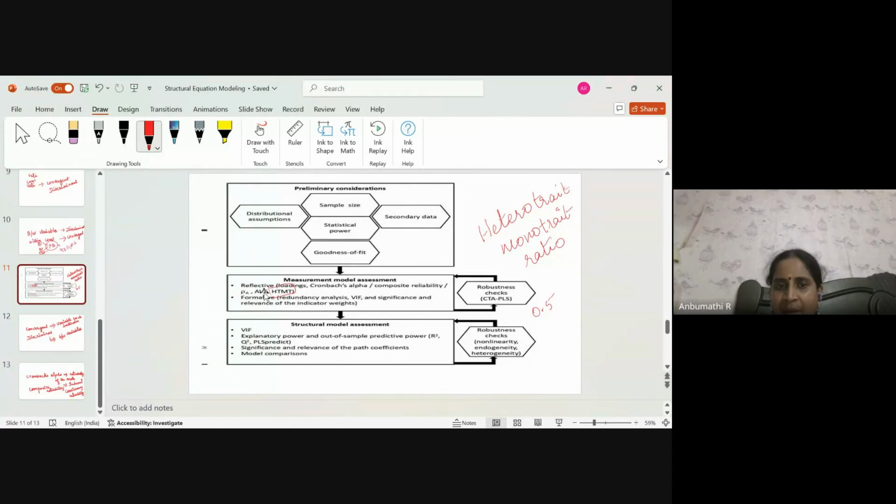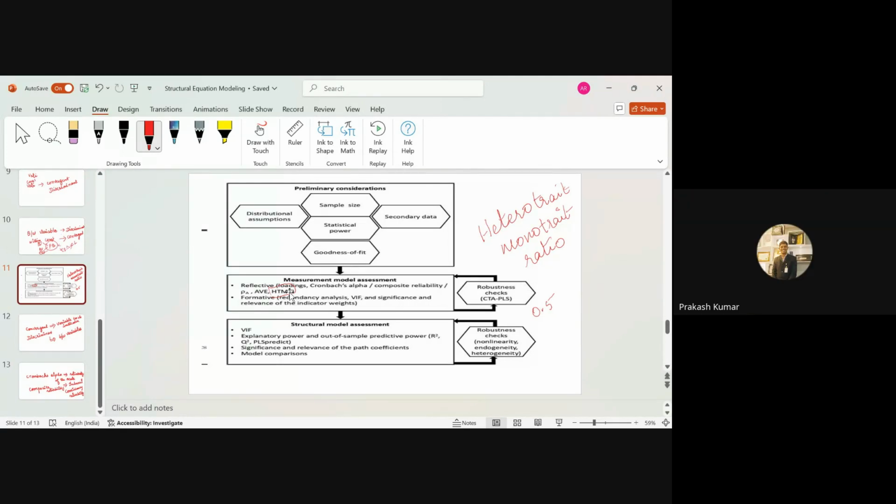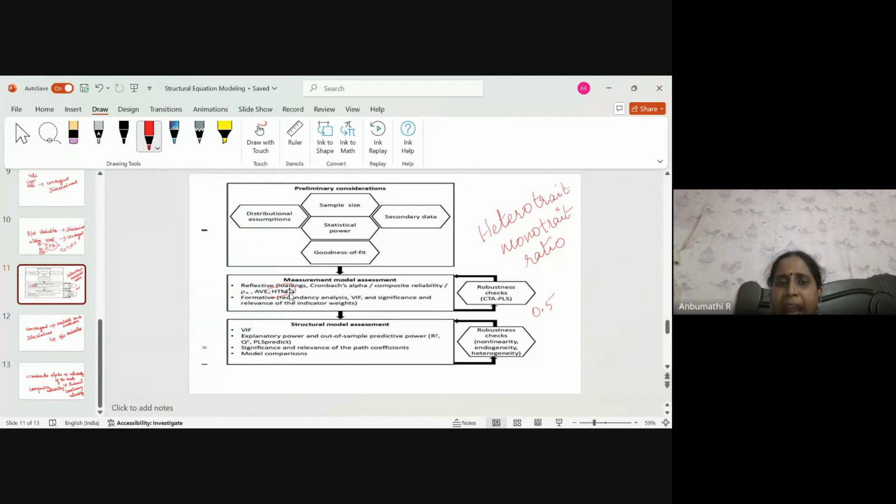AVE and HTMT. Yes. This is all the values we generally check for the reflective model. And in case of formative model, there is an analysis called redundancy analysis, and you have variance inflation factor, and significance and relevance of the indicator weights.